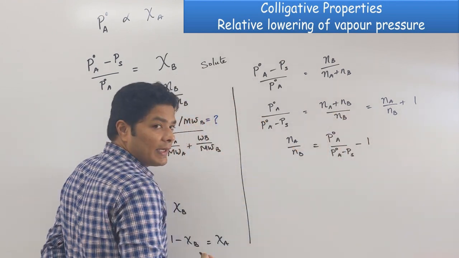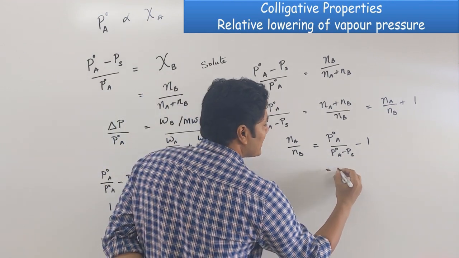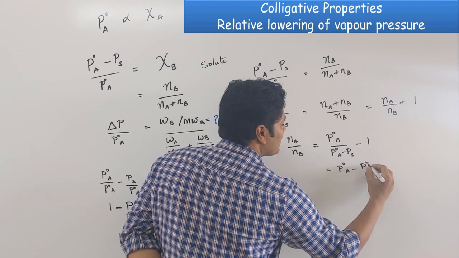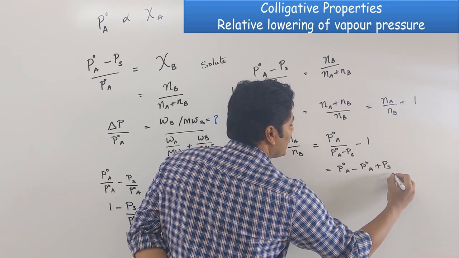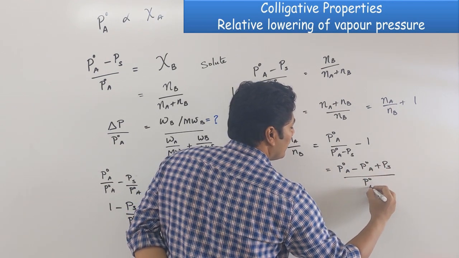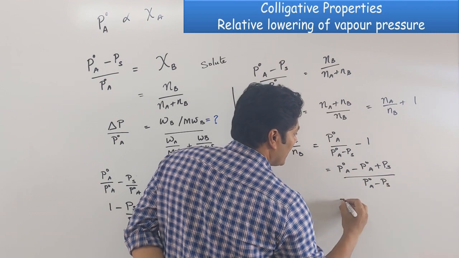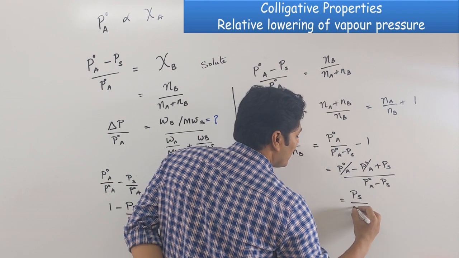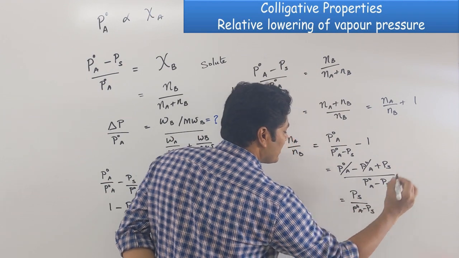The 1 has gone to the other side. Now we can write this as P naught A minus P naught A plus Ps divided by P naught A minus Ps, that equals Ps divided by P naught A minus Ps.